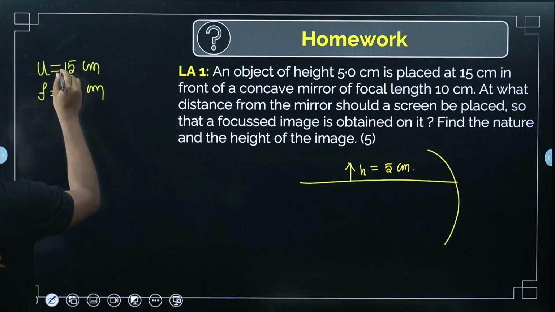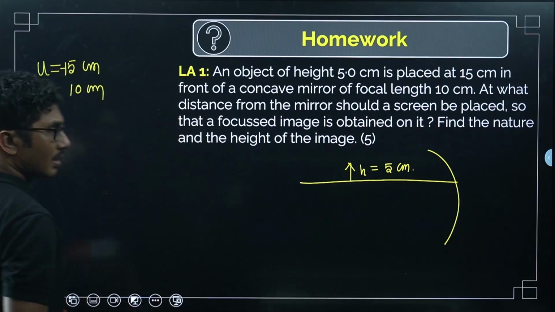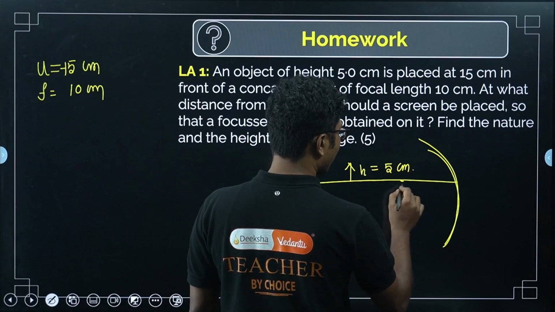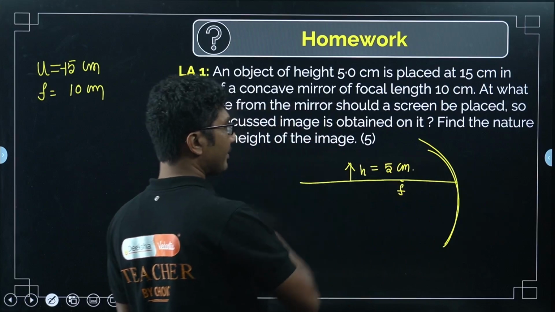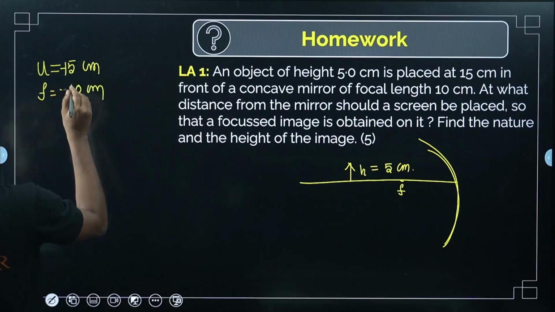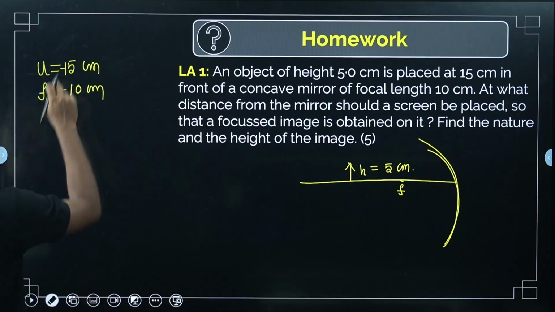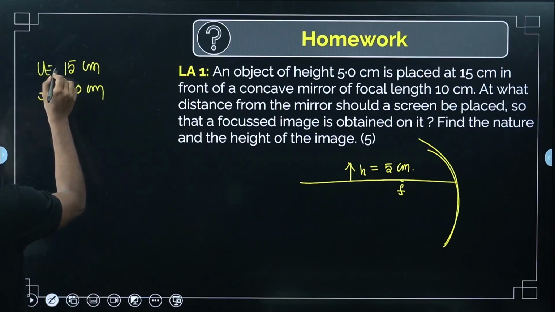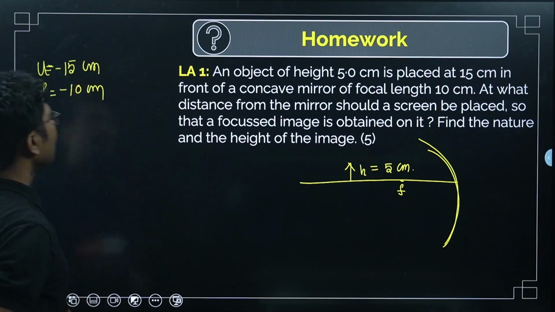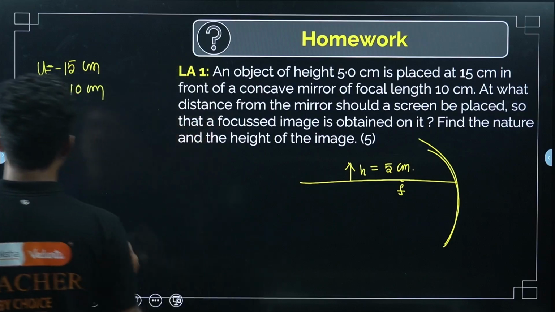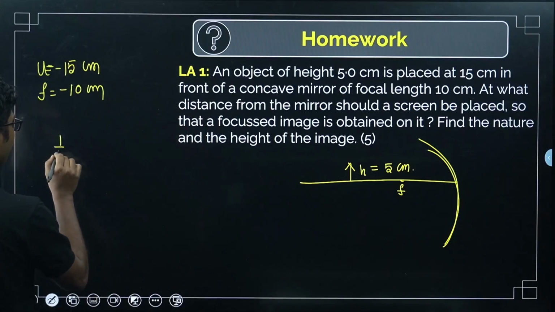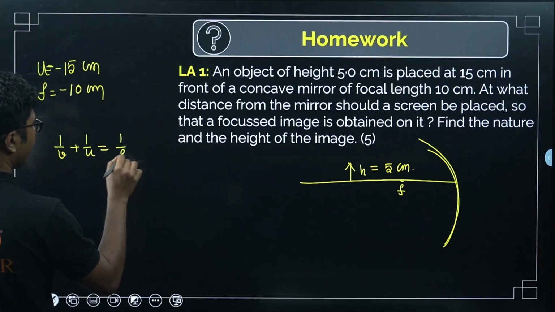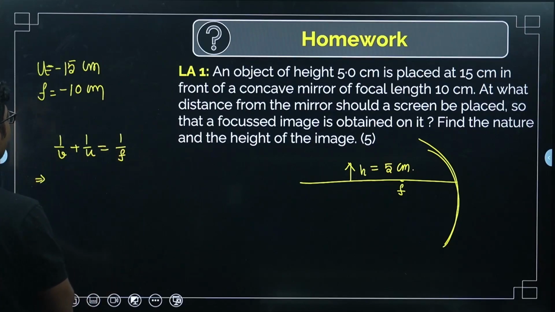Now we know that U is always minus for a concave mirror. The focus is somewhere here on the left hand side, so focus is also minus. So you have to use the mirror equation: 1 by V plus 1 by U equals 1 by F. What is 1 by V?